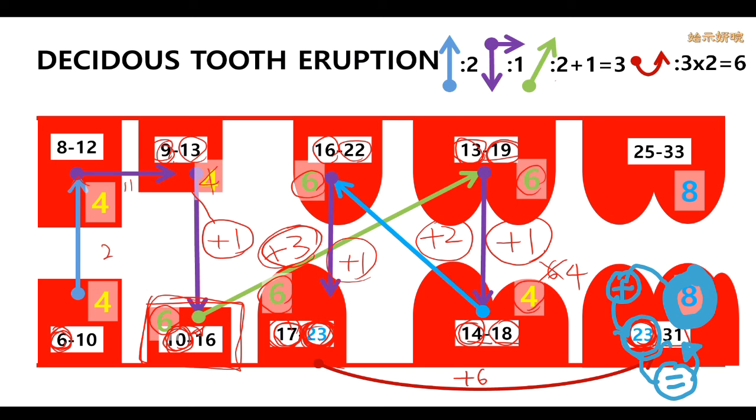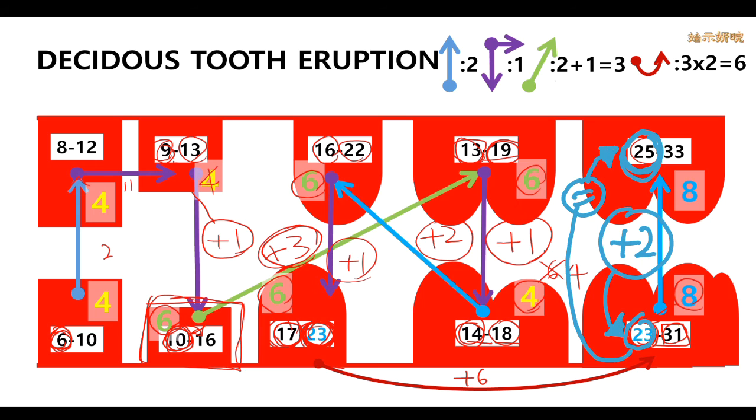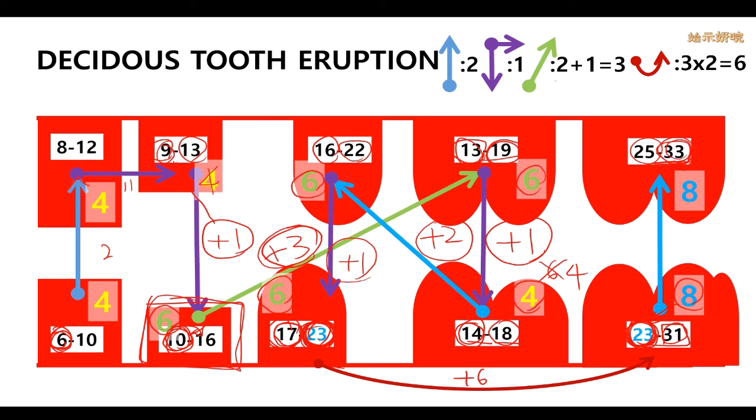If you add 8 to 23, it becomes 31, okay? And now it is time to go upward. So 25th month it erupts, and in some patients the 33rd month, this maxillary second molar erupts, okay?